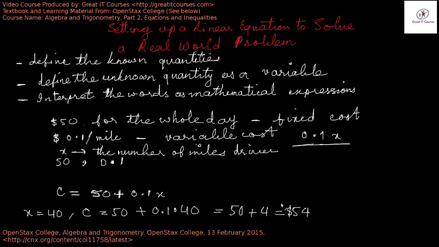And that is, let's take this example here and take a new layer here, 32-1. So if my equation is c is equal to 50 plus 0.1x, then I can simply draw the graph of this equation.